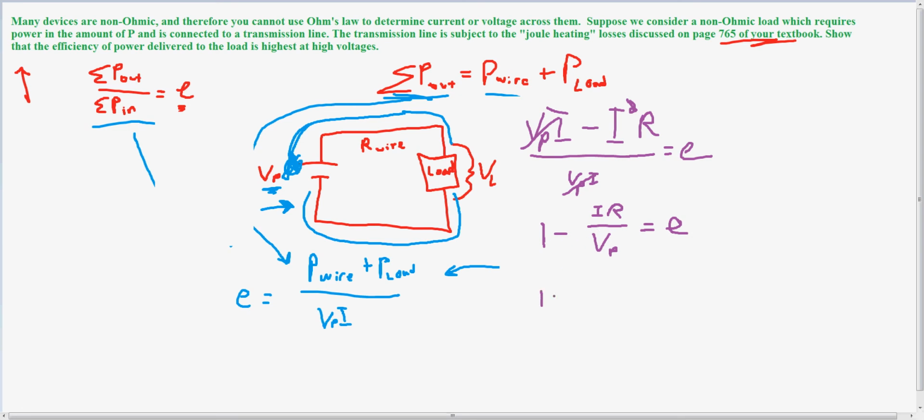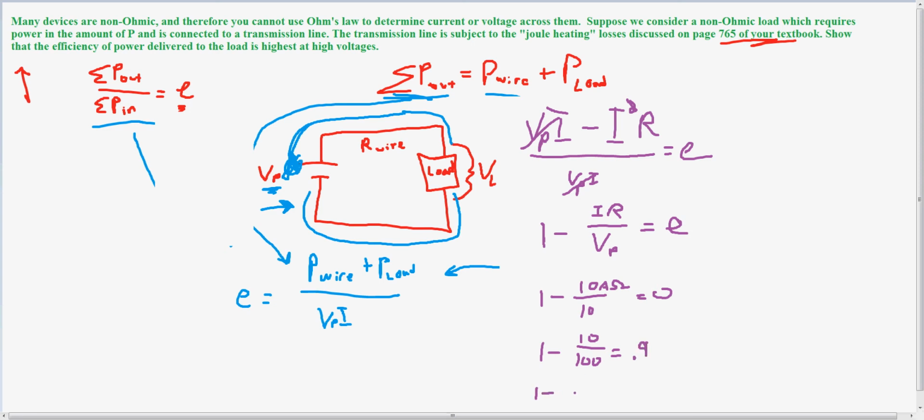Say this total value up here is 10 amps times ohms, and then we divide it by, say, 10 volts, that will be equal to an efficiency of 0. So if we have 1 minus 10 divided by 100, that will be an efficiency of 0.9.